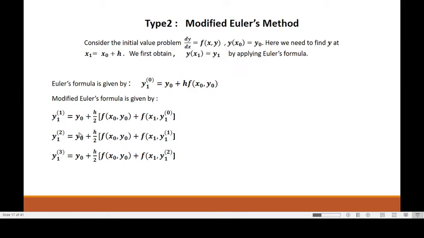We are repeatedly applying this formula, so in this iteration y1 of 2 is given by y0 plus h by 2 into f of x0 comma y0 plus f of x1 comma y1 of 1, replacing y1 of 0 by y1 of 1. Similarly, in the next iteration y1 of 3, replace y1 of 1 by y1 of 2. We repeatedly use this formula until we get the desired accuracy.